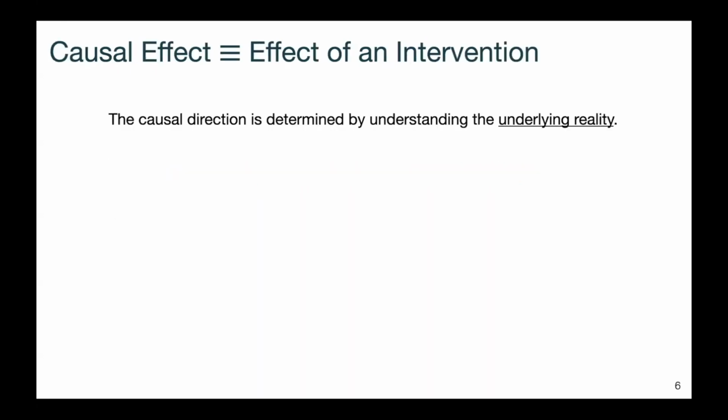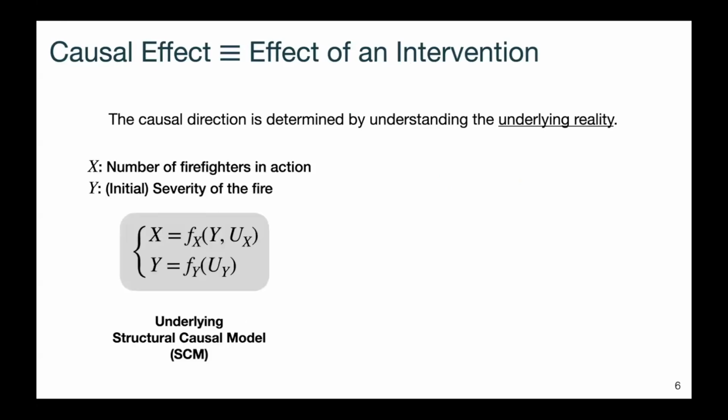So here the causal direction is determined by the understanding of the underlying reality. We don't need to know all aspects of this underlying structural causal model, the model of the reality. But the fact that we know the order of how these variables depend on one another, we can say y is not a function of x.